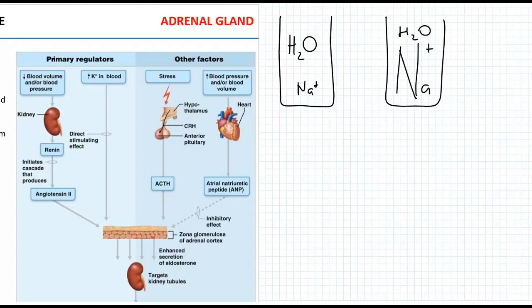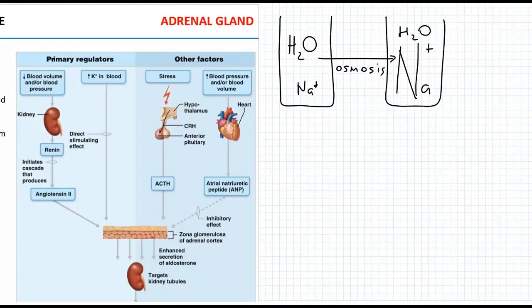So, osmotically, water will diffuse, if it can, obviously, from one compartment to another. Good so far, everybody? So I use the phrase that water follows sodium.